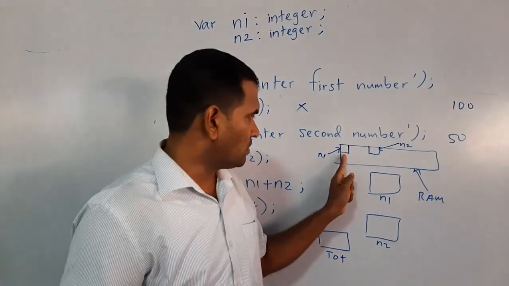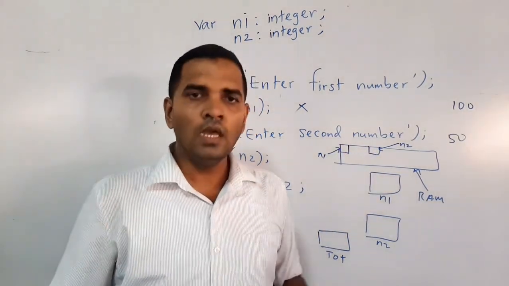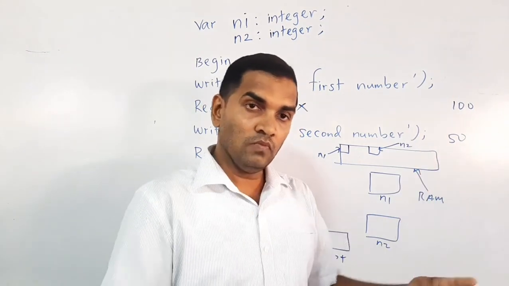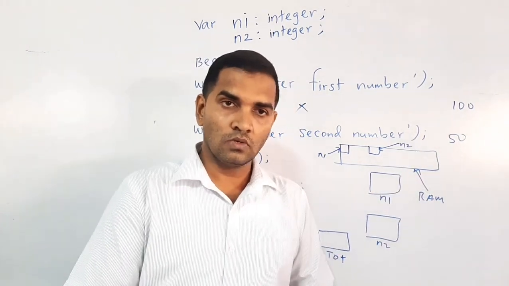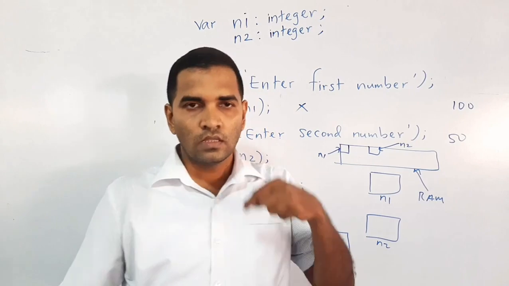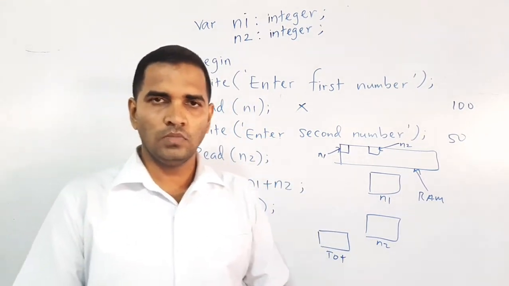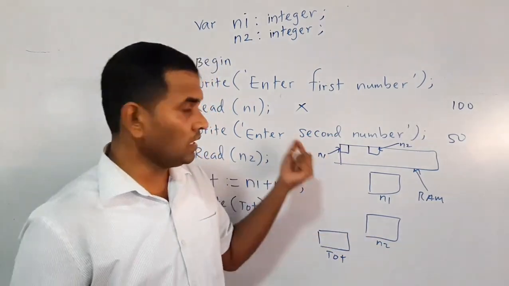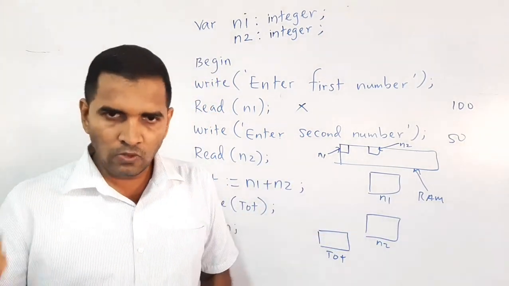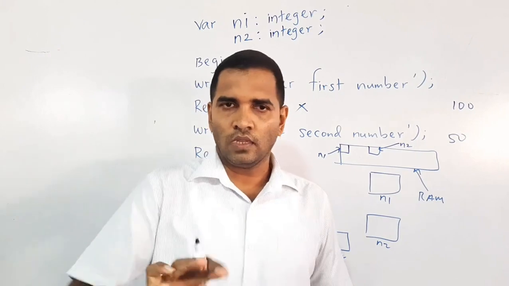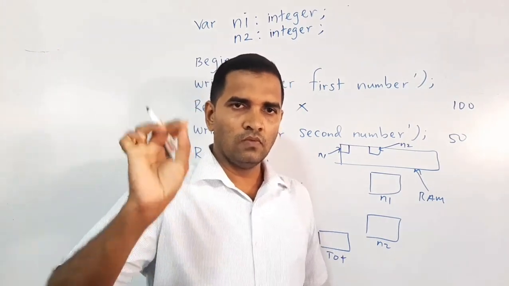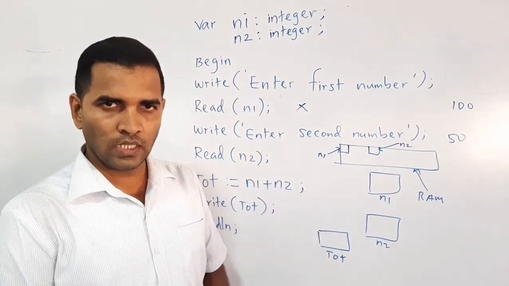So this is a variable, this is a variable. The term variable is given because the value kept inside it can change from time to time. That may be the reason why it gets the name. But when you are asked to write the definition for variable, you must write that variables are memory locations, right?